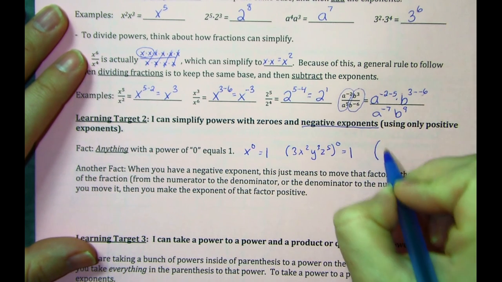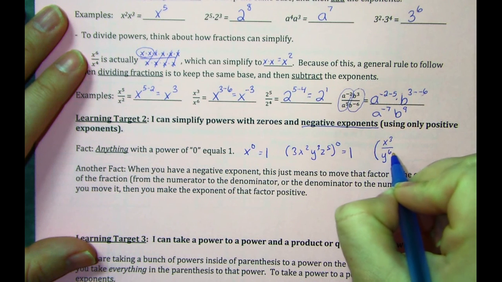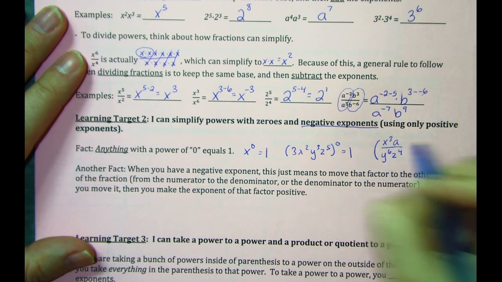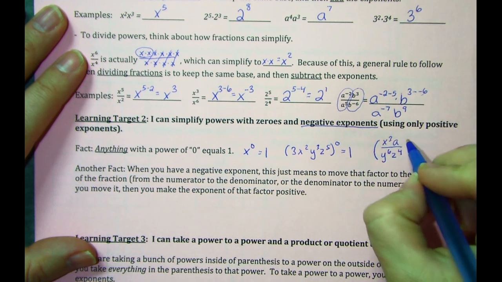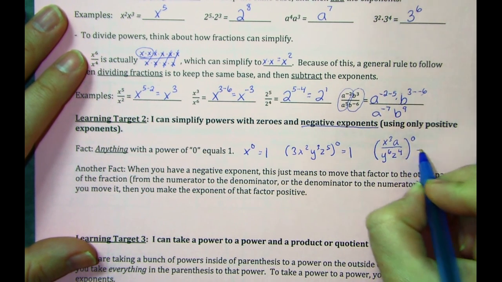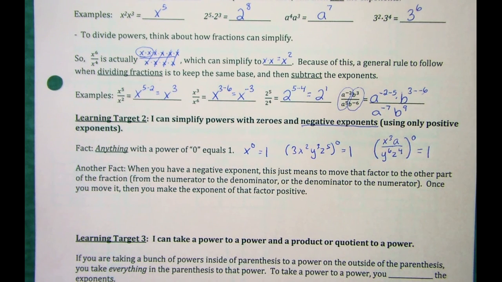Even if it's a fraction, if you have x to the 3rd over y to the 6th, z to the 4th, maybe we'll put an a up there just for good measure, anything, if it's all to the 0 power, it equals 1.